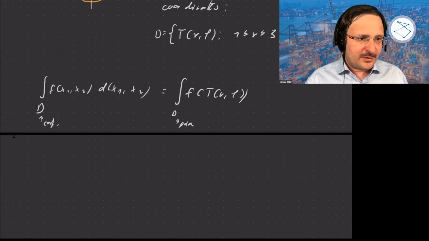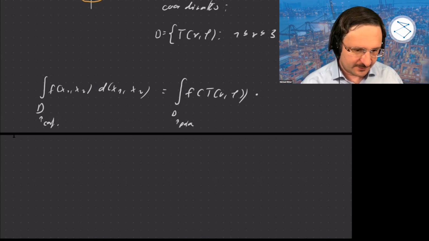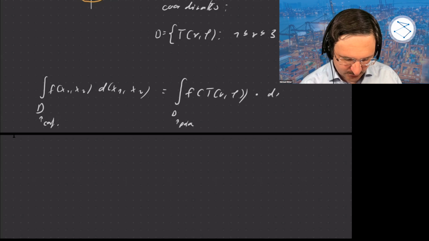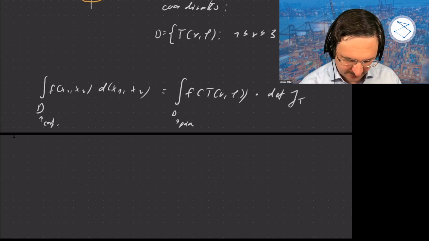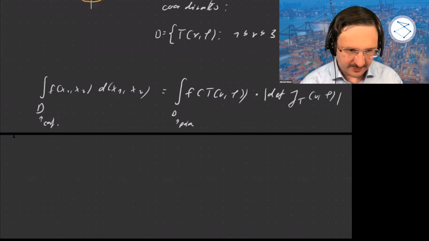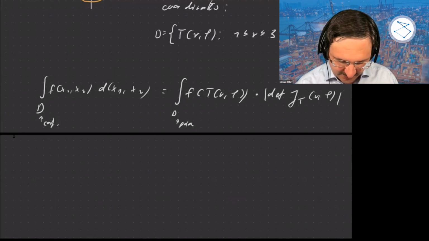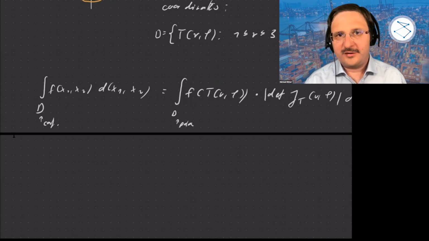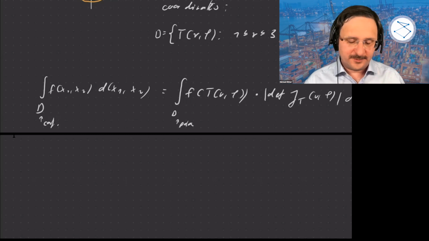And then we multiply this by the determinant of the Jacobian of our transformation of r and phi, or its absolute value to be more precise. And then we can integrate this dr dphi, right? So we change the variables of integration through this transformation here.